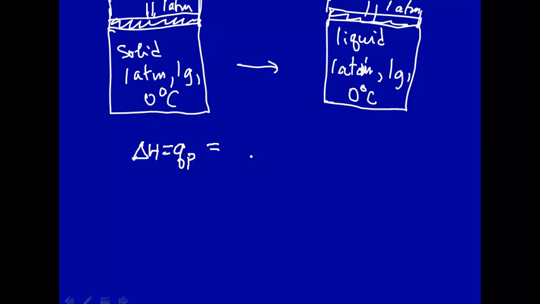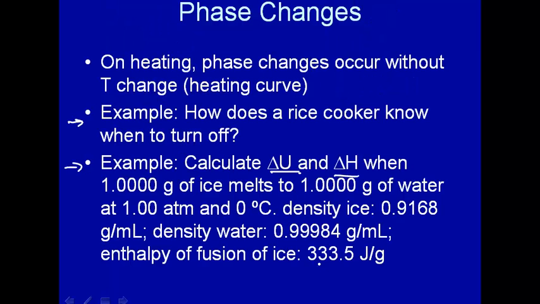Well, we know the enthalpy of fusion of ice. All right, there it is, the enthalpy of fusion of ice. So if you take 1 gram of ice, and this is normalized, so this would be called the specific enthalpy of fusion of ice, 1 gram will take this many joules.